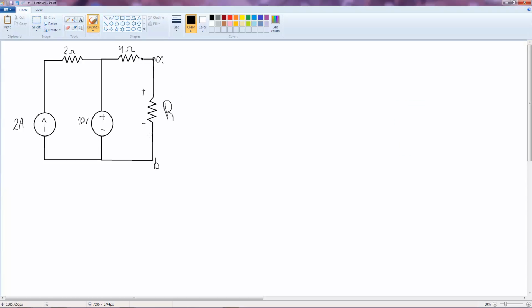So what a Thevenin equivalent circuit is, basically you want to reduce this circuit to the point where you just have one voltage source, and this will be V Thevenin, and one resistor, this will be R Thevenin, and here you will have some load.